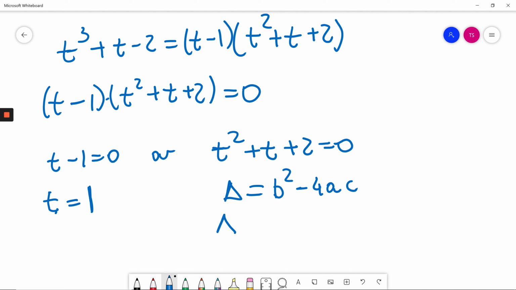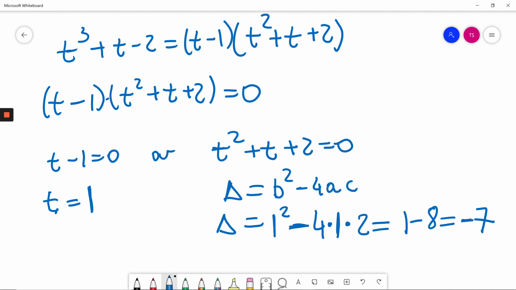So the discriminant is b squared, b is 1, squared, coefficient of t is 1, minus 4 times the coefficient of t squared a, 1, times c, 2. So this is equal to 1 minus 8, which is equal to negative 7.